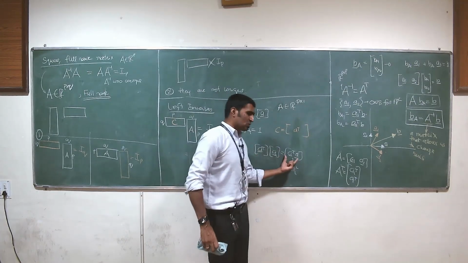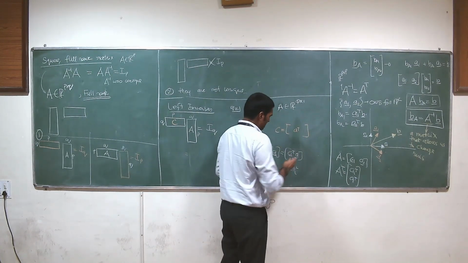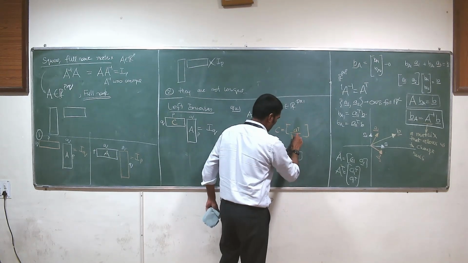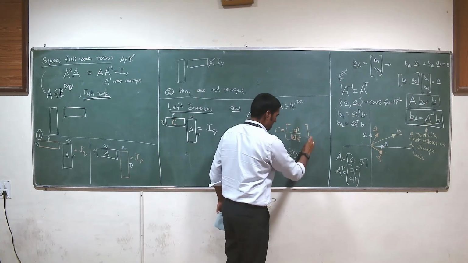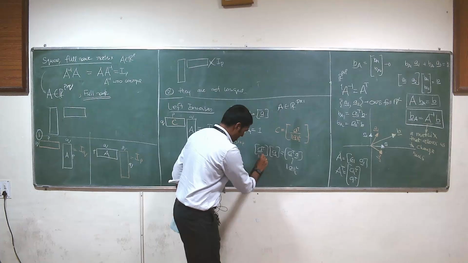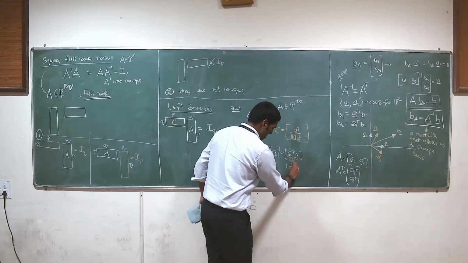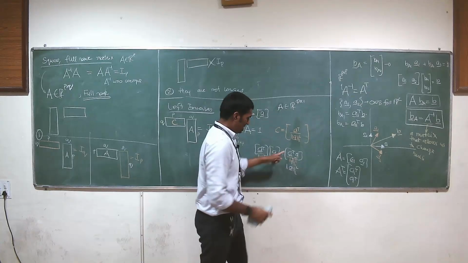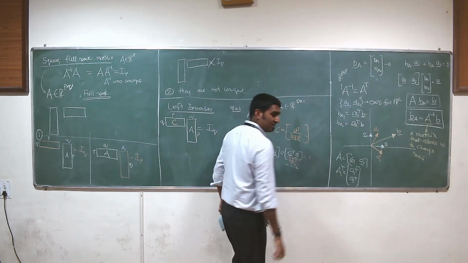If this product is to come out as 1, I simply divide by the norm squared. If I form a matrix C like this, divided by the norm square, if I multiply these two, numerator and denominator are the same, you will in fact get 1.